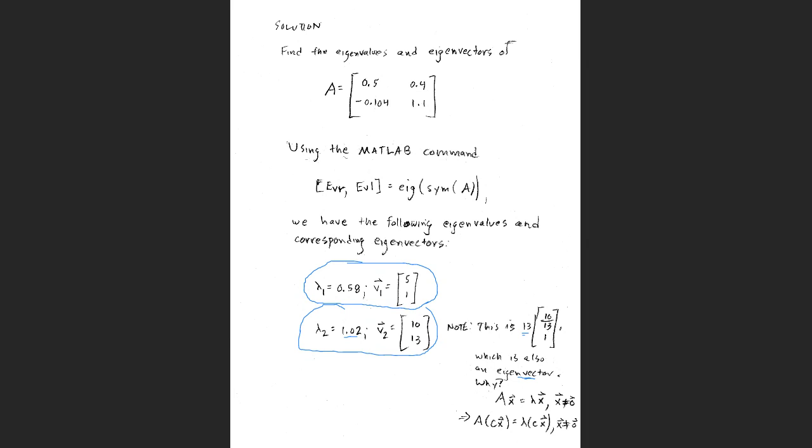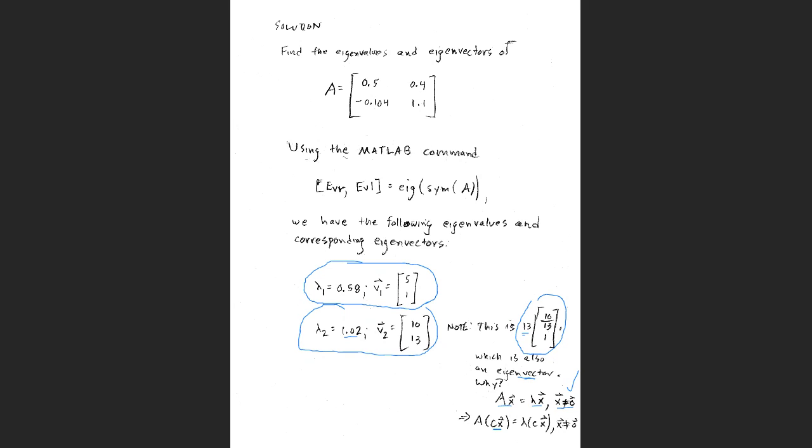Well, here's a quick explanation. The definition of an eigenvector is that an eigenvector x satisfies A times x equals lambda times x, where x is non-zero, right? That's your definition of an eigenvector. Well, what if you were to multiply that eigenvector x by some scalar c, like 13, just like I did here? Would the scalar c times the eigenvector be an eigenvector?